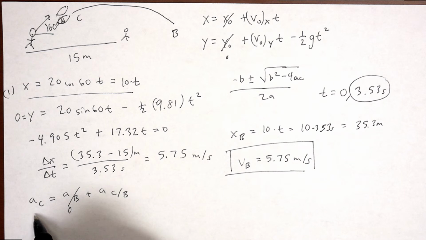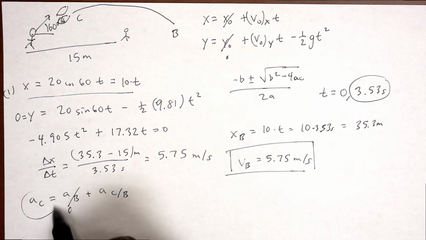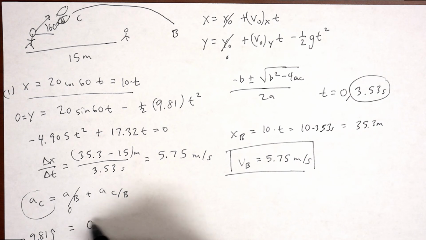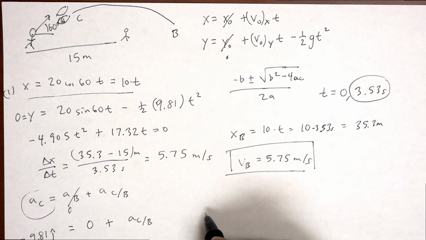And we know the acceleration of C. The acceleration of C is 0 in the x direction, but only negative g, or g downwards, in the y direction because that's the acceleration due to gravity of the football, right? And so we'd say that A of C is 9.81 in the negative j direction, which is equal to 0 plus A of C with respect to B. So that's simple.